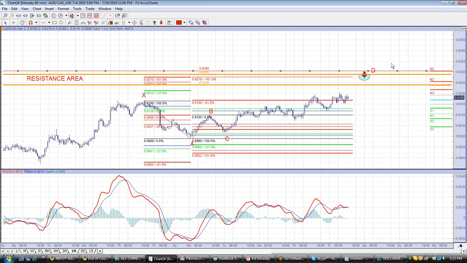The daily pivot is my resistance, 93.00 is a round number, and it will provide additional resistance. So we're going to place the stop above this level. So the stop will go at 93.20, about 15 pips above the resistance.